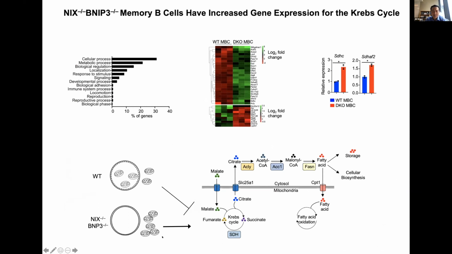We figured that more mitochondria accumulate without autophagy because they cannot go into the autophagosome, so we have more Krebs cycles to produce energy, and the Krebs cycle intermediates go to the cytosol to drive fatty acid synthesis. We think this is why these pathways are regulated.